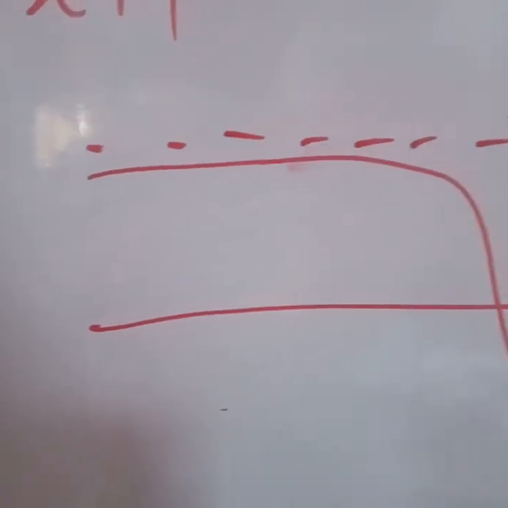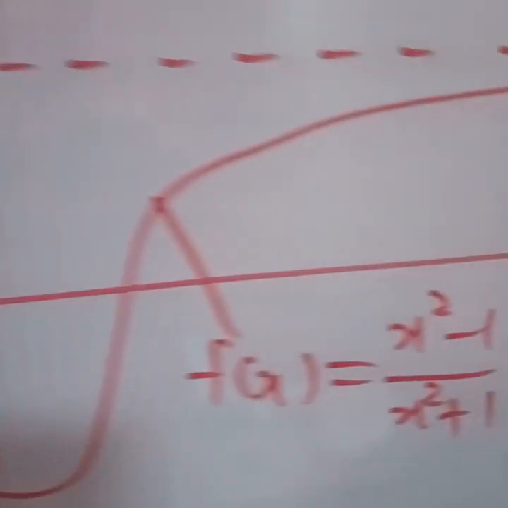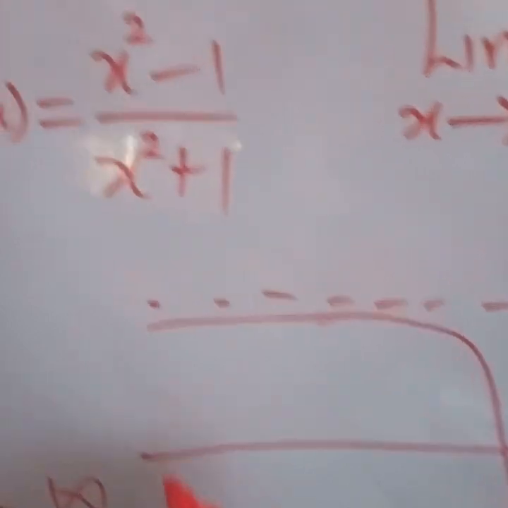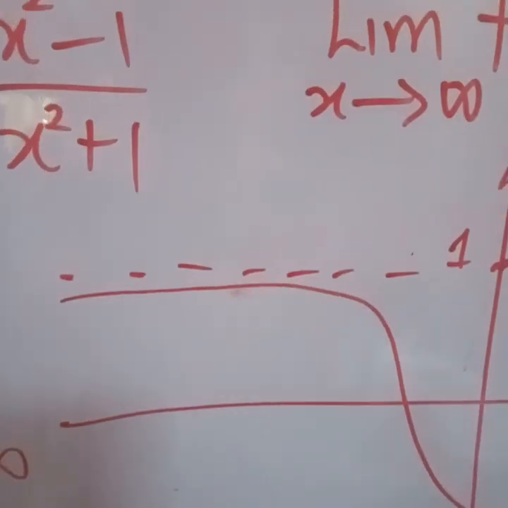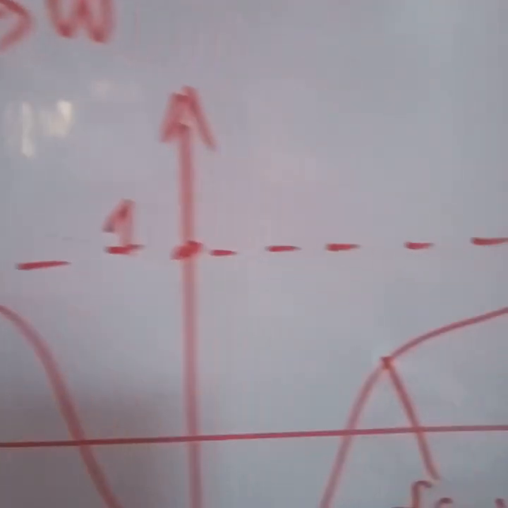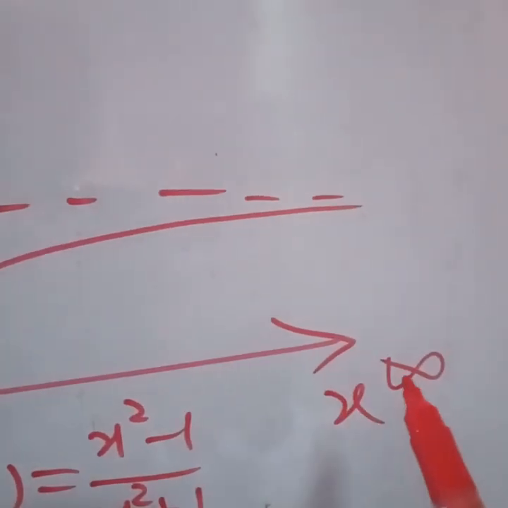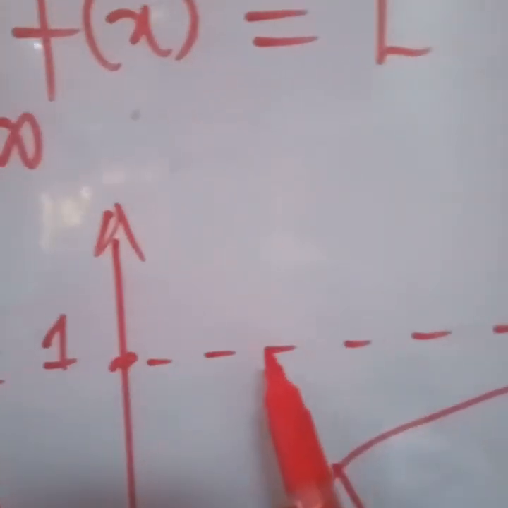If you plot the graph of this function across the real line, that is from negative infinity to positive infinity, we see that this is how the function behaves. In this curve, we see that as x becomes large, the curve is approaching 1.